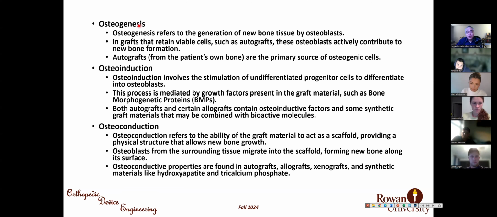Another mechanism is called osteoinduction, meaning inducing bone formation. The bone graft can induce the surrounding bone of the patient or stimulate them to increase their capacity to produce new bone. Osteoinduction is something that happens through molecules, specific molecules we call cytokines.